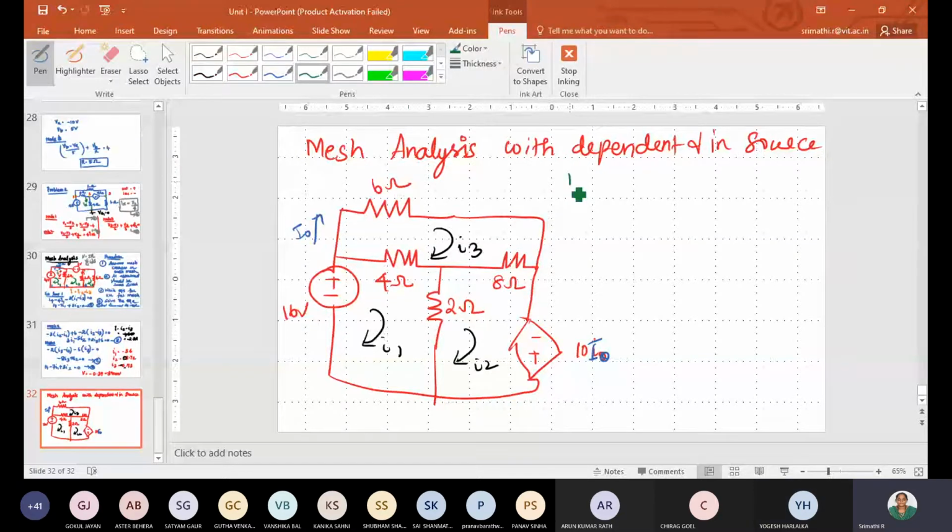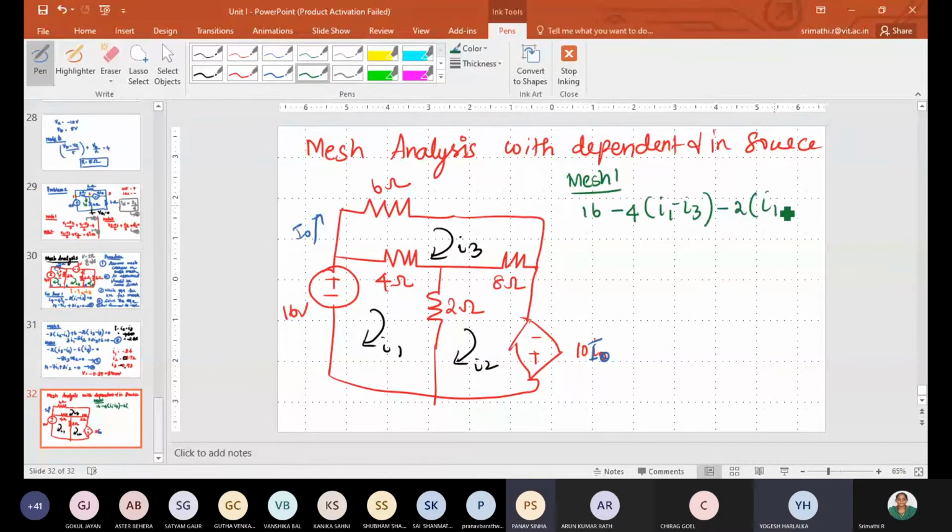For mesh 1, tell me the equation. Plus 16, minus 4 into I1 minus I3, minus 2 into I1 minus I2, equal to 0.